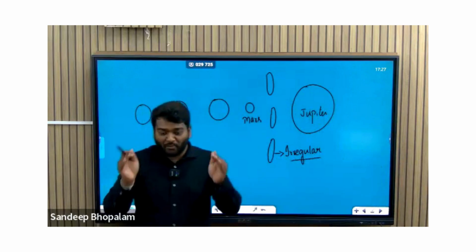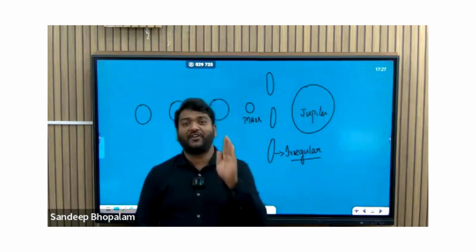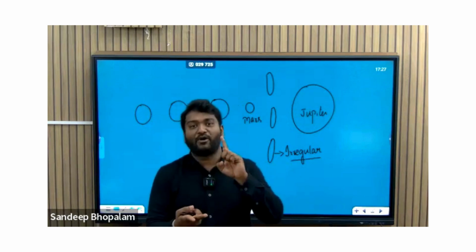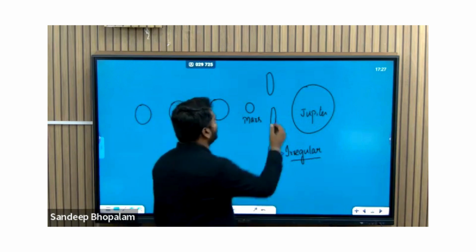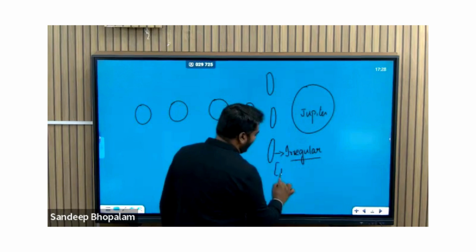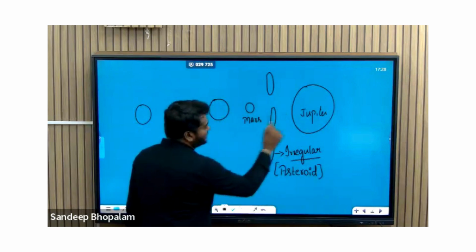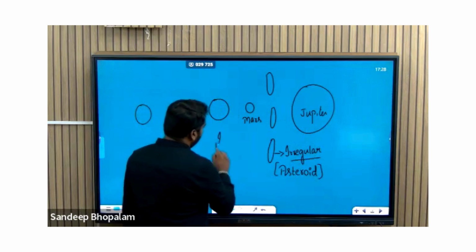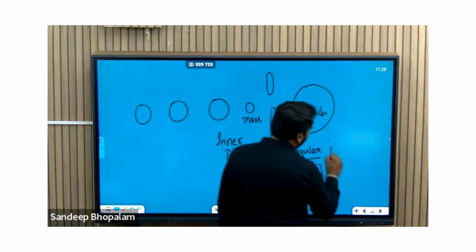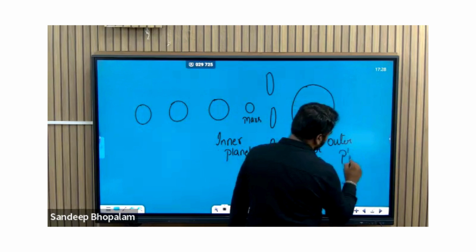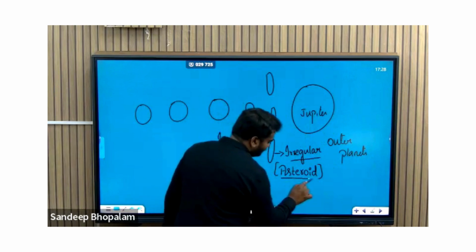Okay, please understand, the moment impact crater comes into picture, you should relate it to geography. In geography, I am relating it to the word crater, and I am also relating it to the word impact. Impact is due to what? These words, so that is the reason you should be aware. These irregular shaped rocks which are floating in between Mars and Jupiter, or inner planets and outer planets, are known as what?